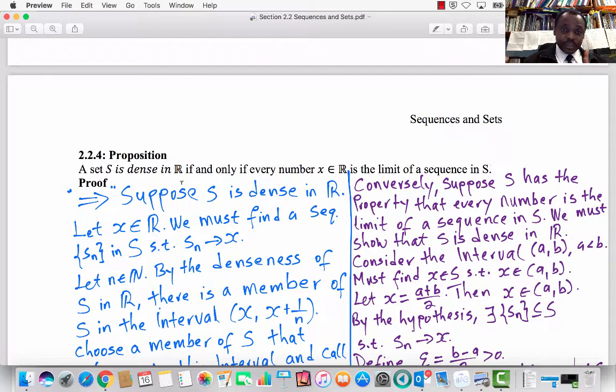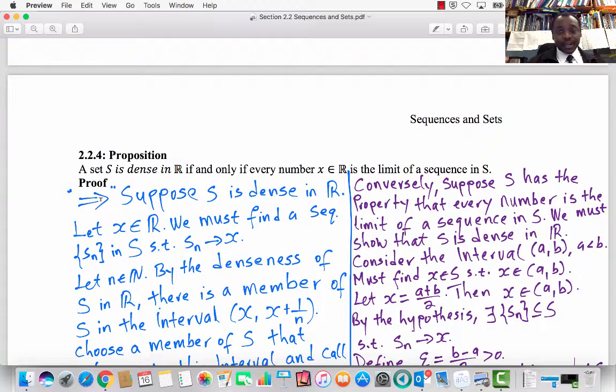That is, a set S is dense in R if and only if whenever I pick a real number x, I can always find a sequence x_n in S that converges to x. So I have to prove both ways.